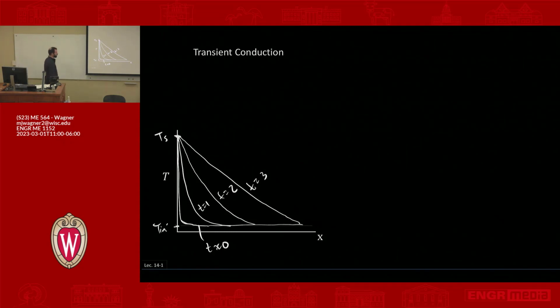At time equals infinity, if this is an infinite wall, this entire thing is going to come up to some temperature that's constant. If it's a finite wall and there's some other condition on the other side that's forcing, say, the temperature to be maintained here, at time equals infinity you would get a linear profile. Your plane wall temperature profile would develop at time equals infinity. But in the meantime, there's this moving thermal front that's convex, a convex temperature profile there.